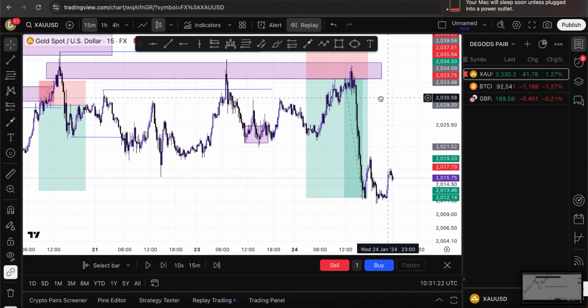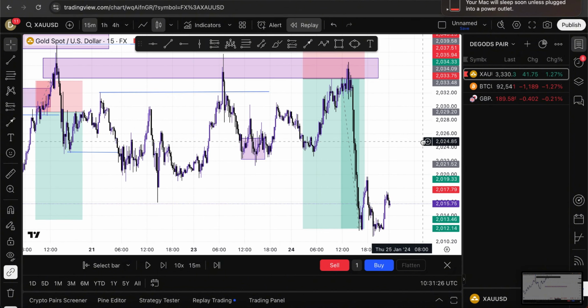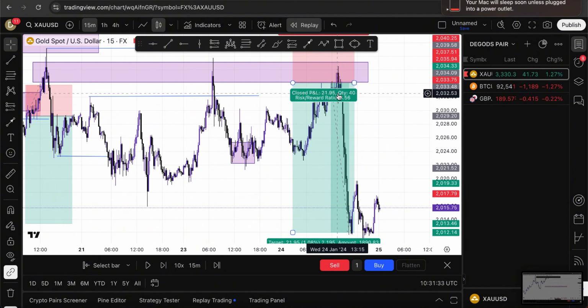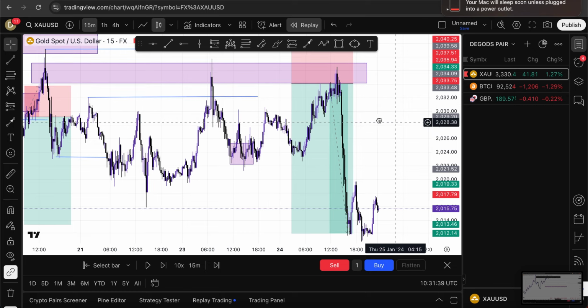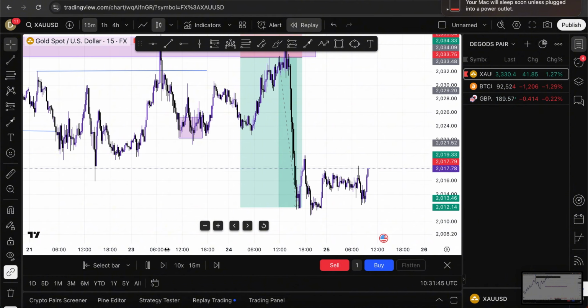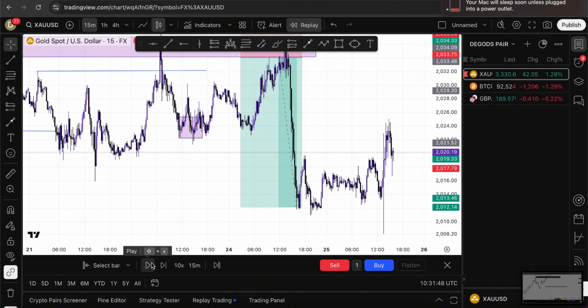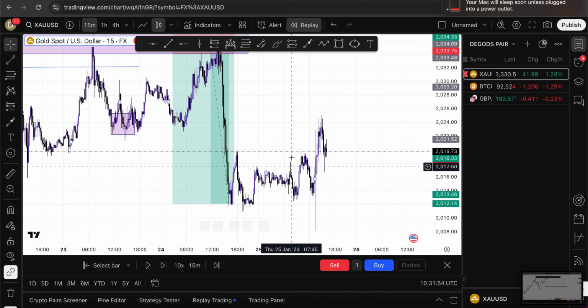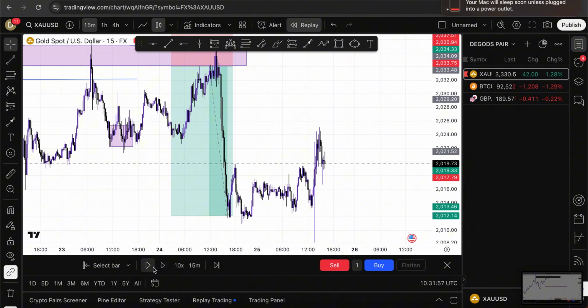Oh my father. You come here and gather another liquidity. Take it away again. But this one, there is no proper order block here. Let's see where this goes this time.